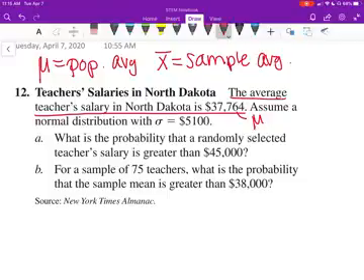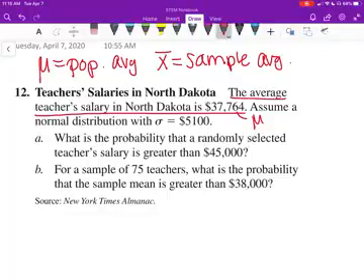So they're talking about North Dakota here. For A, it really doesn't matter, but we know this is mu, not x bar. For B, it says, what is the probability that the sample mean is greater than 38,000? So that already tells us that 38,000 is x bar, and therefore 37,764 has to be mu.